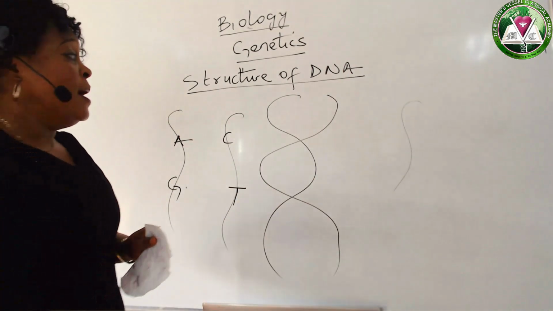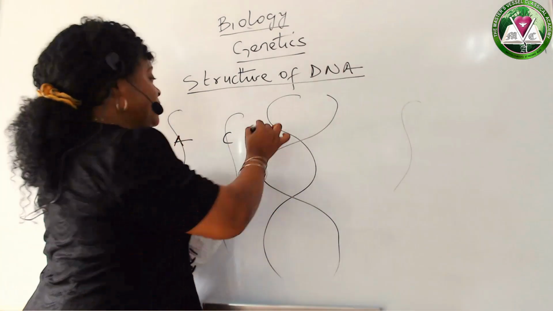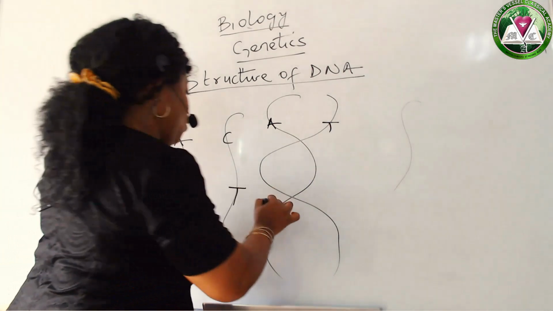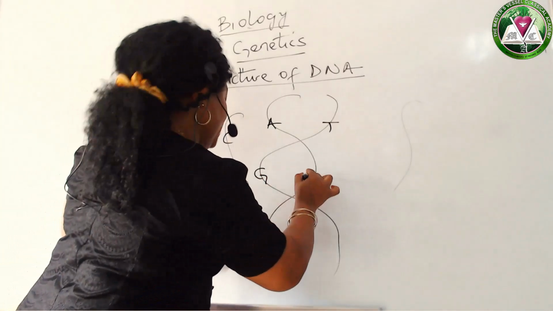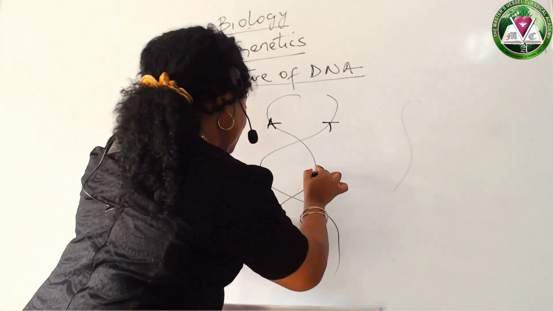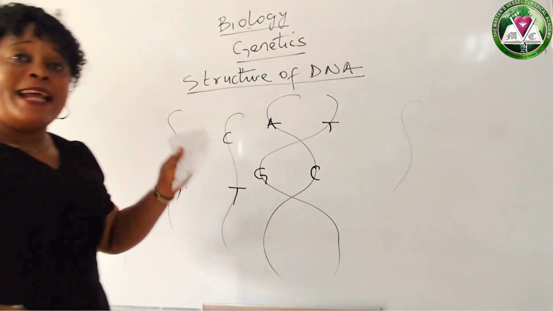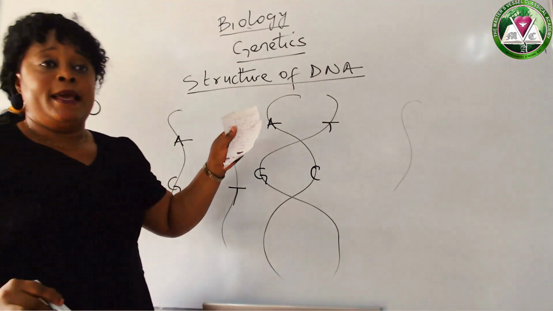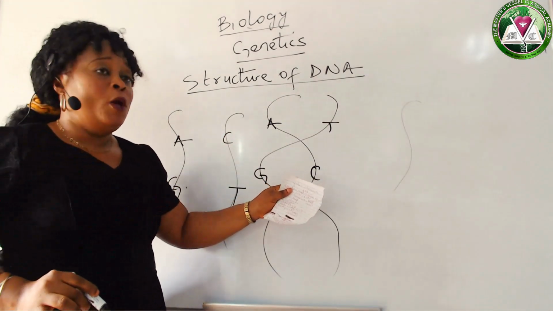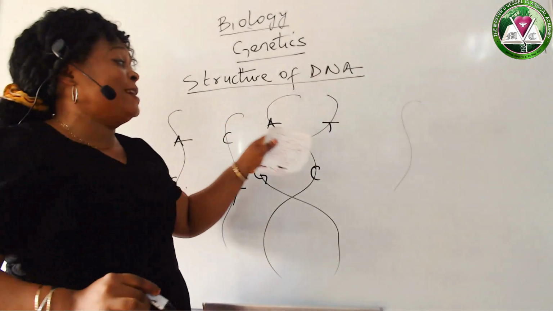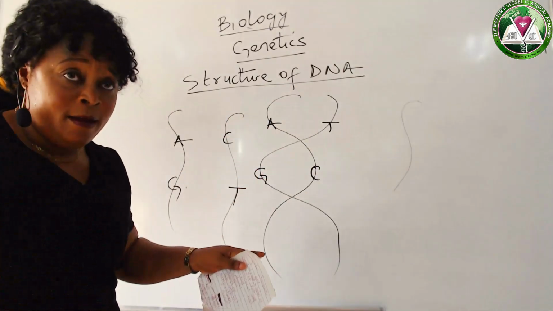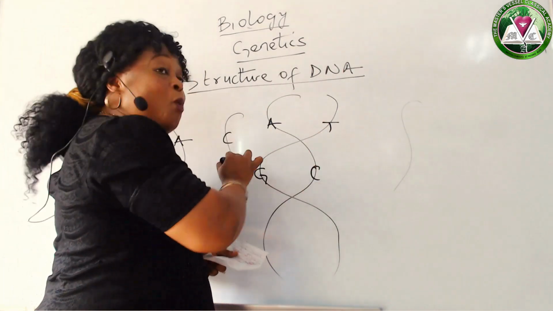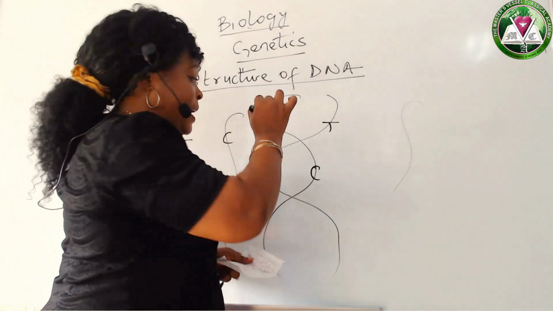In the bonding, the adenine usually bonds with the thymine, while the guanine usually bonds with the cytosine. So in the writing of the structure of the DNA, adenine permanently bonds with thymine and guanine permanently bonds with cytosine.